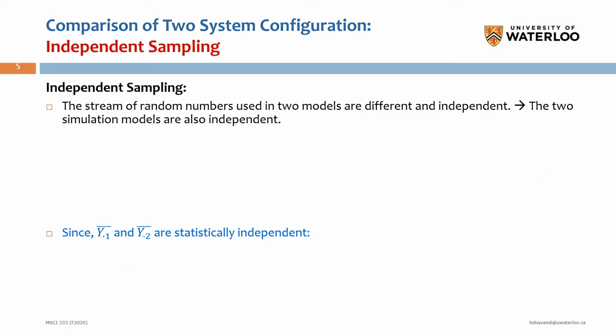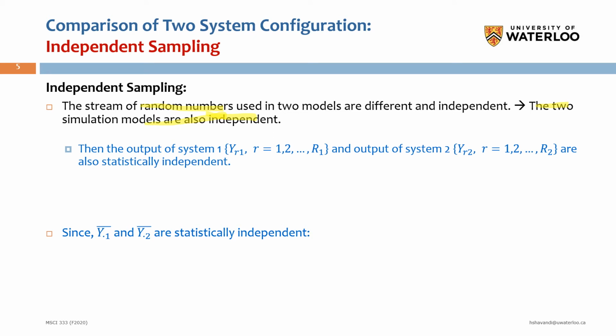For independent sampling, we mean that the streams of random numbers used in the two models are totally different and independent. Therefore, the two simulation models will be independent as well. Because of that, the outputs of system 1 and system 2 will also be statistically independent.